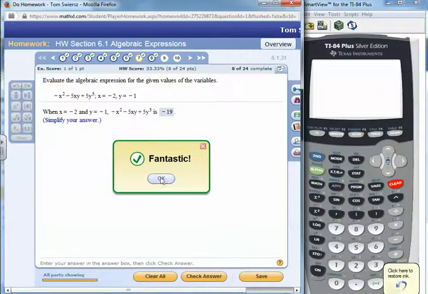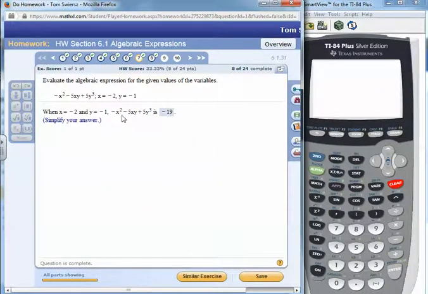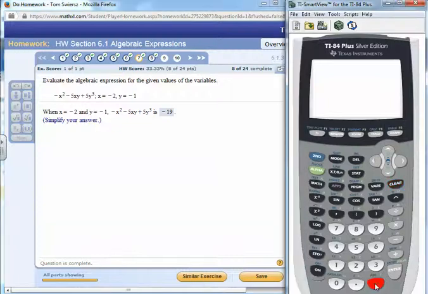Okay, again, you can do this on your calculator. Be careful now. You start out with the opposite, right? And then the x, which is a negative 2, so you need it in parentheses, negative 2, and it is squared. Then you're subtracting 5 times x, which is a negative 2, times y, which is a negative 1, and then plus 5.